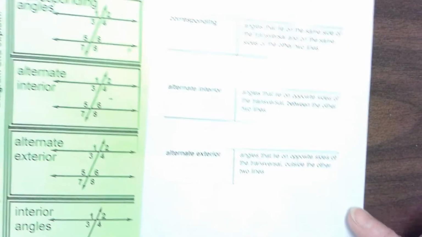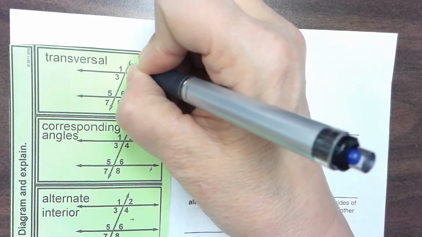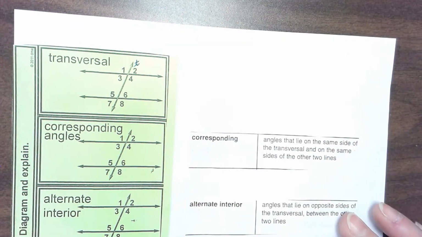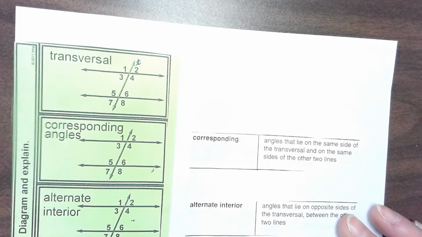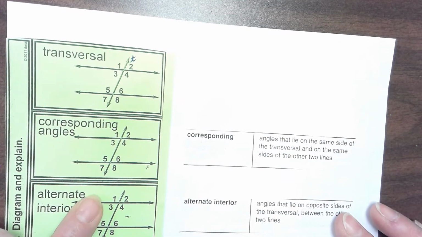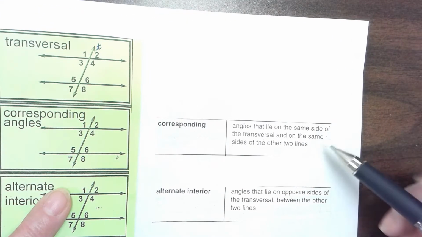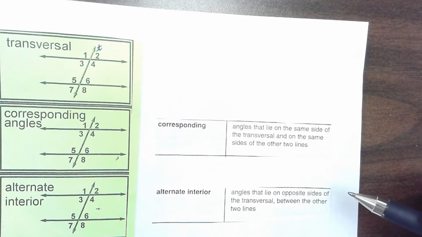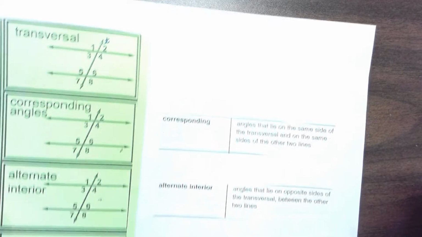And also we have the transversal. So we have the transversal, I'll label it T, and the 8 angles that are created with it when it goes through parallel lines. So we have corresponding angles, and I just set this up for you so that we have another place for definitions. So corresponding angles lie on the same side of the transversal and on the same side of the other 2 lines.